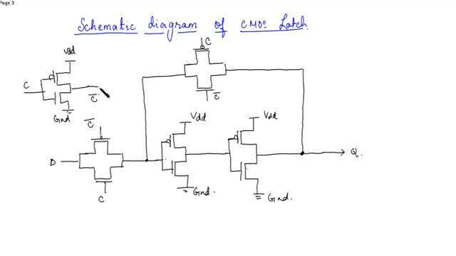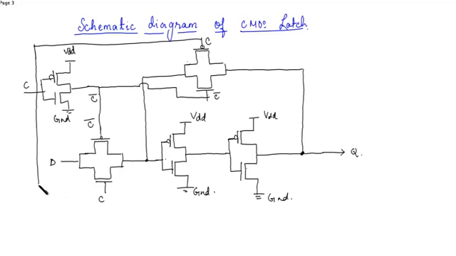So C bar is connected over here and over here. Similarly, we can connect this C. This is C, this is C.